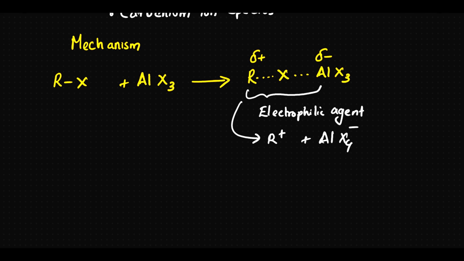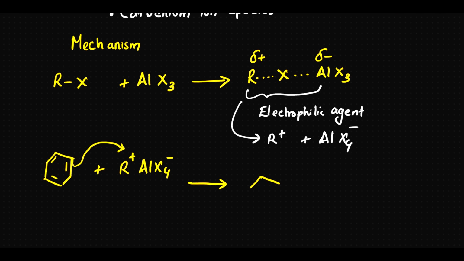And what will happen next? This electrophilic reagent, which I will represent as R plus AlX4 minus, will react with the aromatic ring, forming an R group here, and here there is also a hydrogen, and here there will be a cation.